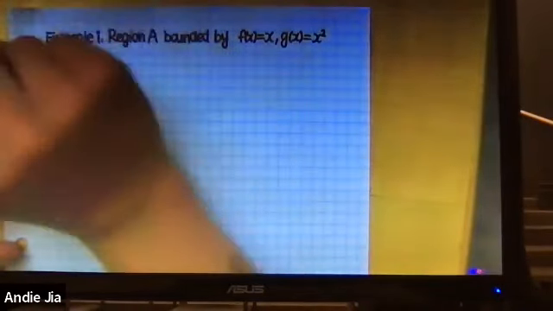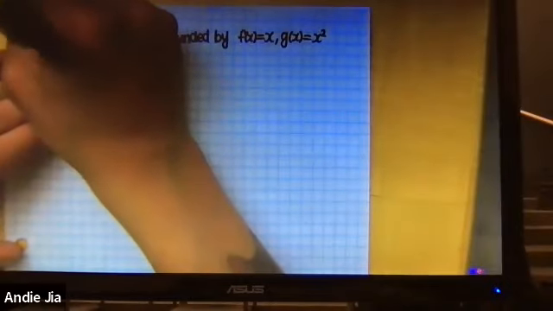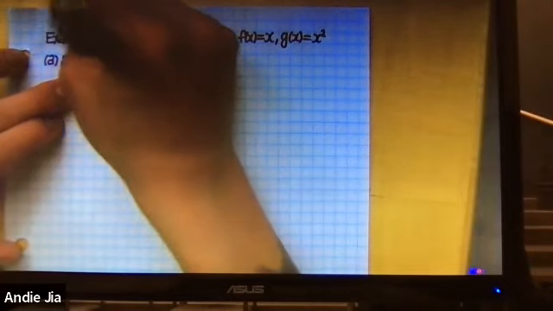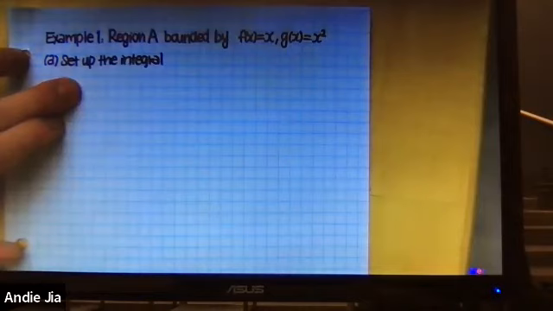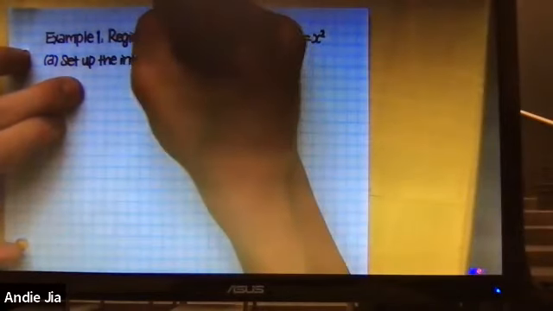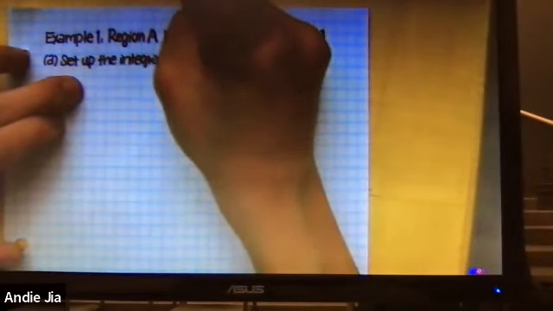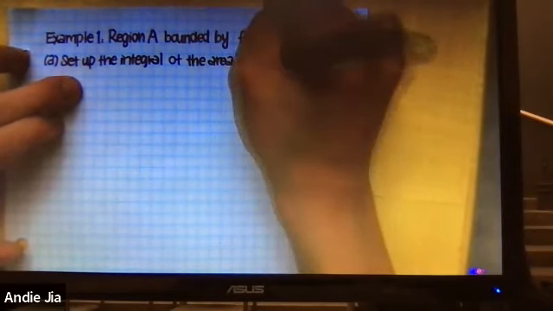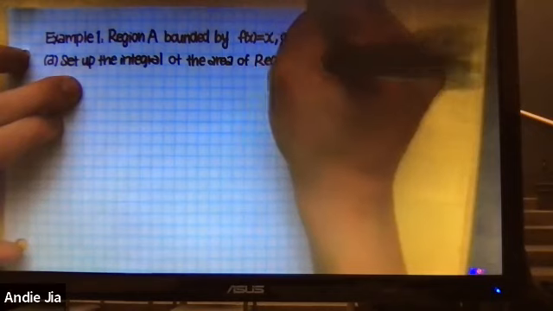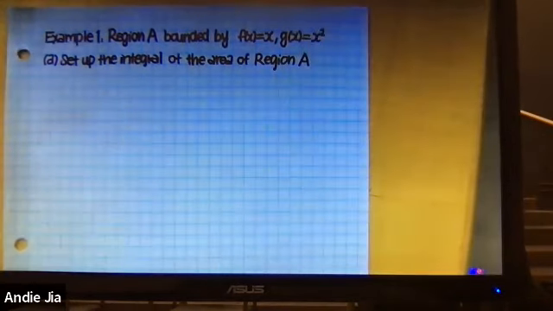For this part A, set up the integral of the area of region A. So we can draw a visual here.